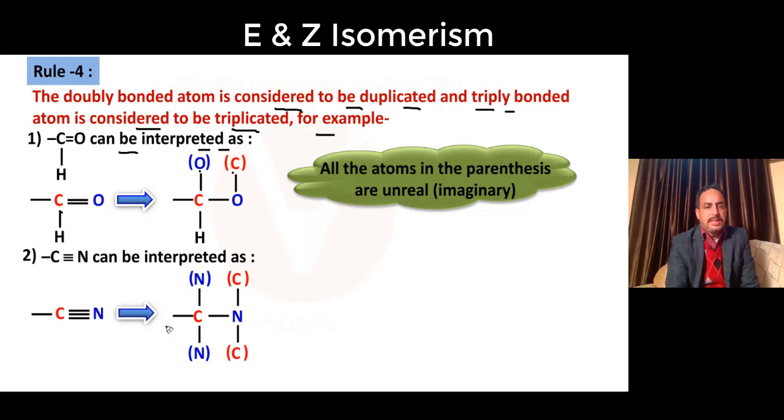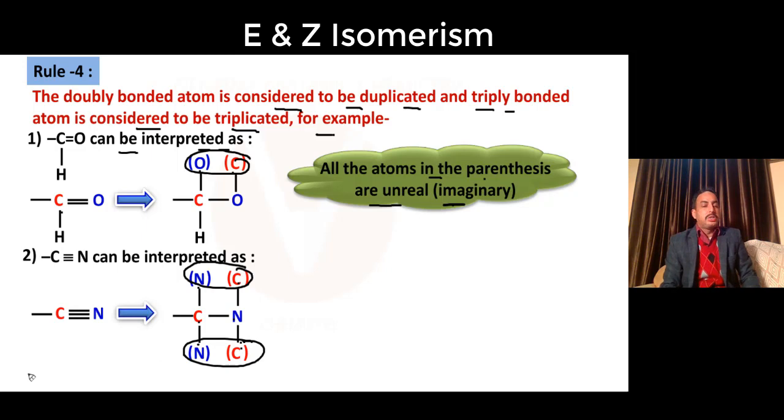CN can be interpreted as carbon, nitrogen, nitrogen, nitrogen, with carbon and carbon here. All the atoms in brackets are unreal, these are imaginary. This rule says double bonded or triple bonded atoms are considered as duplicated or triplicated.